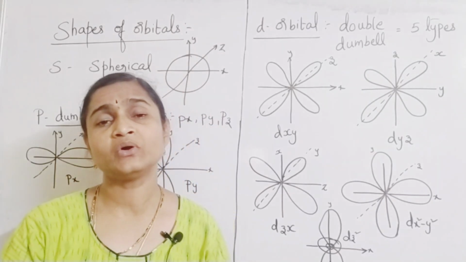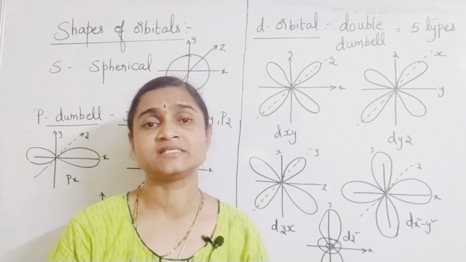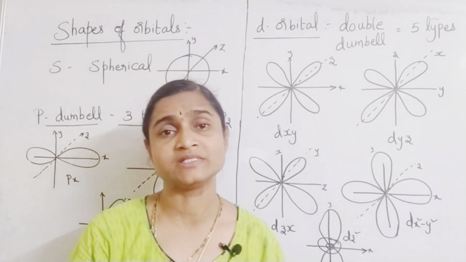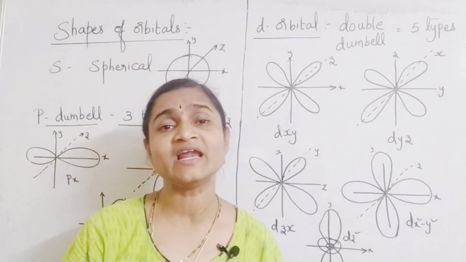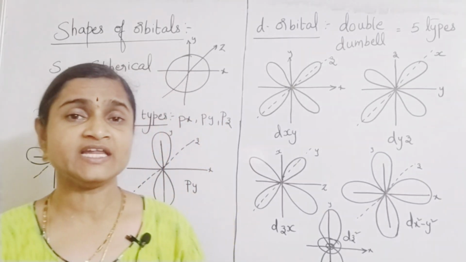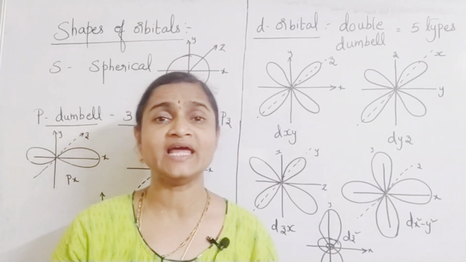Niels Bohr told only about orbits. He did not tell anything about orbitals. So Arnold Sommerfeld, by observing the spectral lines, saw that under each spectral line still smaller lines are observed.